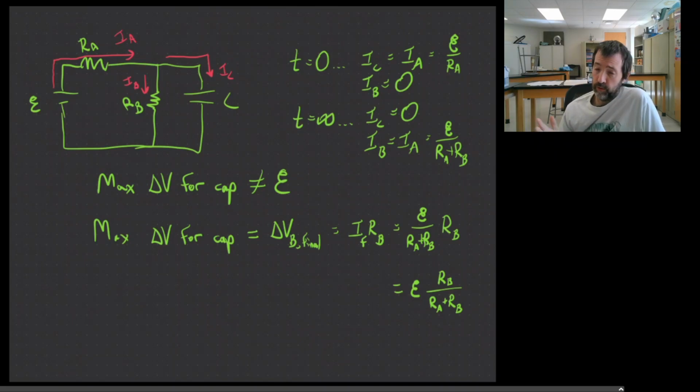When you're doing your problems on this, you're going to see some circuits like that. I wanted to put one in front of your eyes before you did any problems, just as a warning that the final voltage doesn't have to be the EMF.